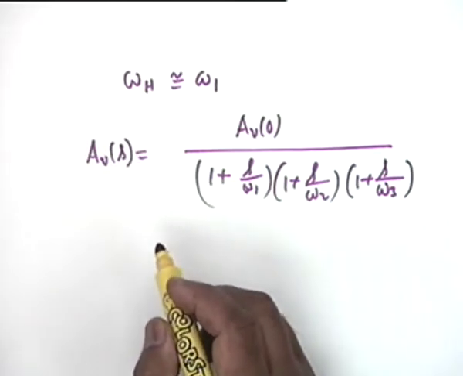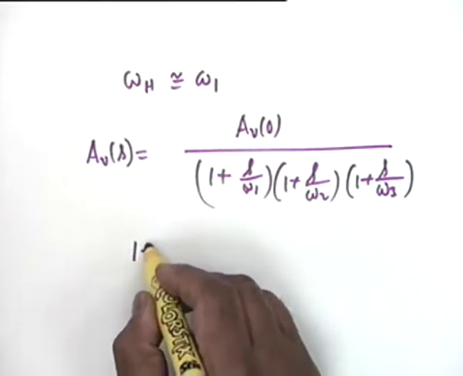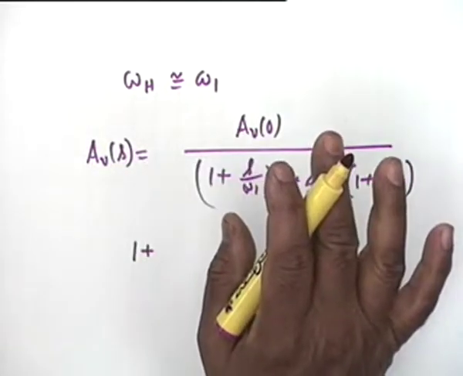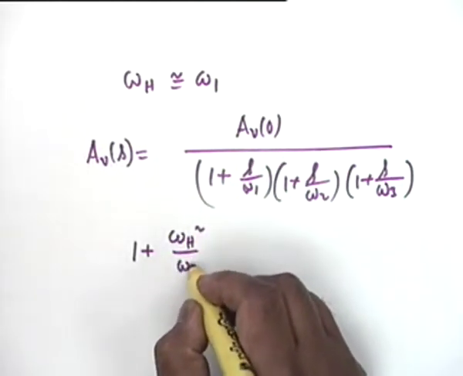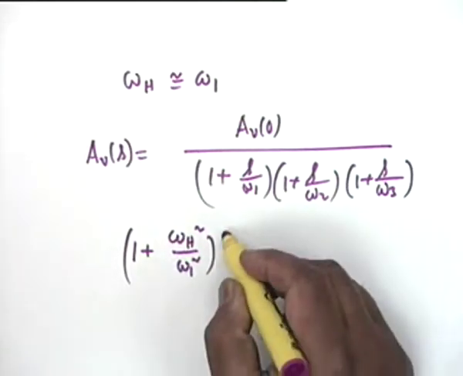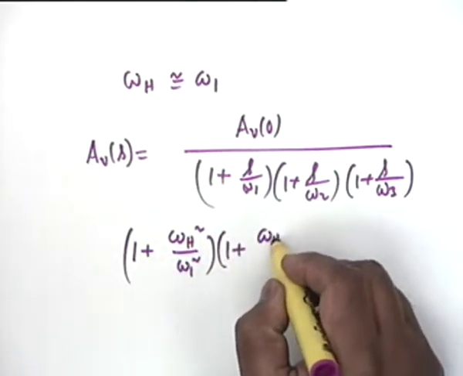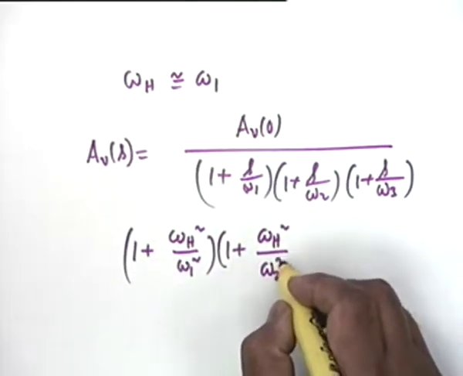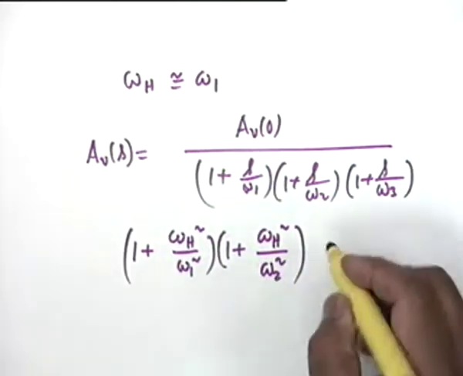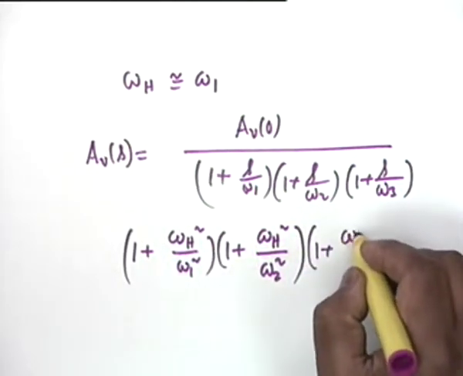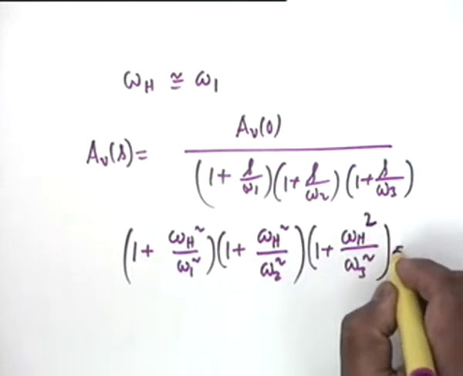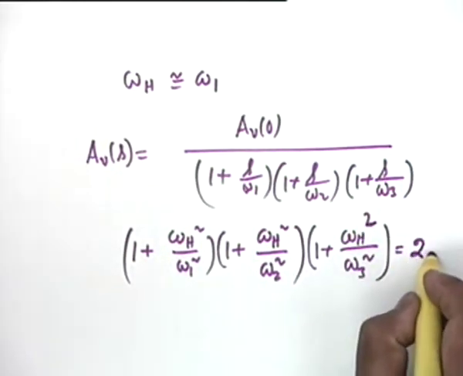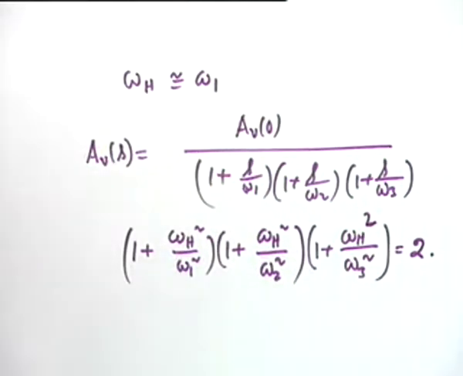What is the equation? 1 plus, I can write it down by inspection. Look at this. Omega h squared by omega 1 squared multiplied by 1 plus omega h squared by omega 2 squared. If you don't understand, tell me. Multiplied by 1 plus omega h squared by omega 3 squared would be equal to 2, that is correct.